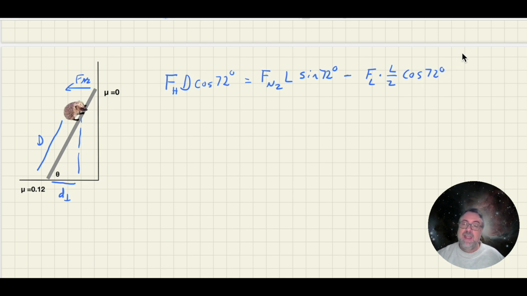To make the calculations easier, we'll note that the sine of 72 degrees is equal to 0.951, and the cosine of 72 degrees is equal to 0.309.